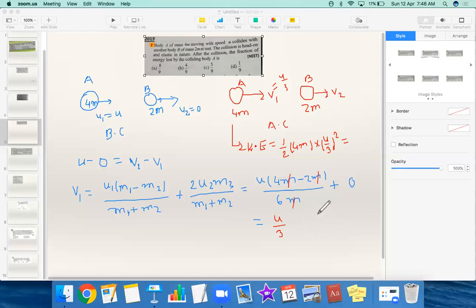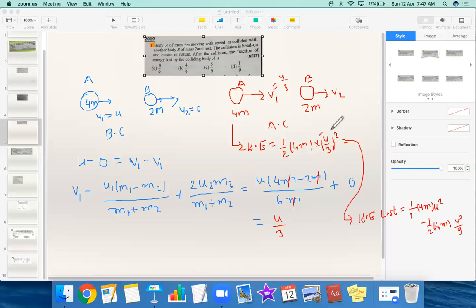So the lost kinetic energy is equal to the initial kinetic energy, that is half m u square, minus half m u square by 9.